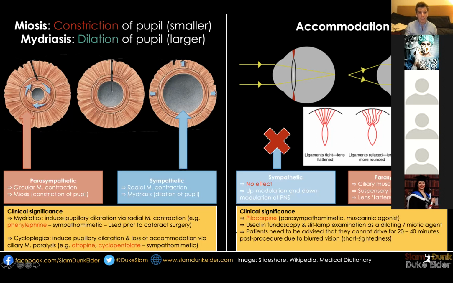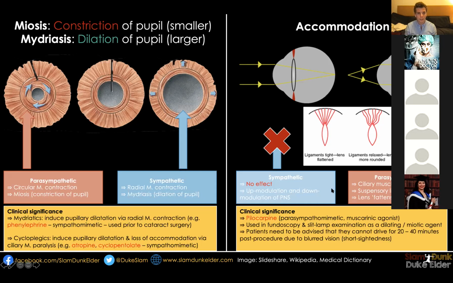In the process of inducing miosis, it also gives the accommodative effect on the lens, because it's a muscarinic agonist. And that's why patients are advised after dilating eye drops, please don't drive anywhere after this procedure because you might crash. You're only designed for short-sightedness, so you won't see oncoming cars at T-junctions or on the motorway.